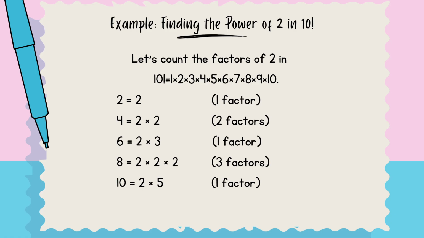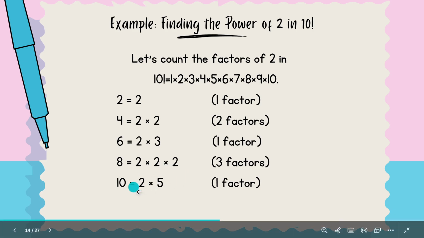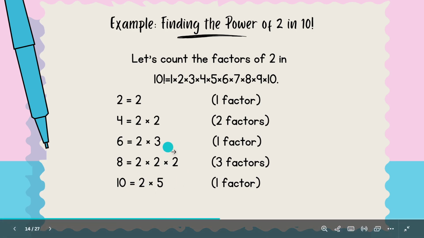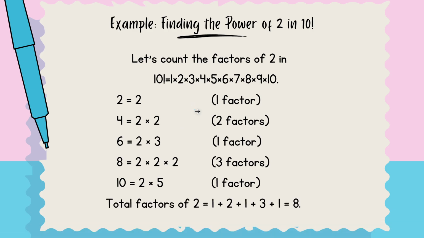Now 2 has one factor, 4 has two factors, 6 has only one factor of 2, 8 has 3 factors of 2, and 10 has only one factor of 2. So the total number of factors of 2 in 10 factorial is 8.